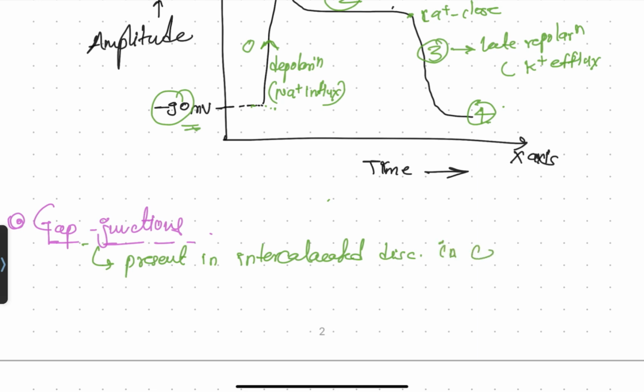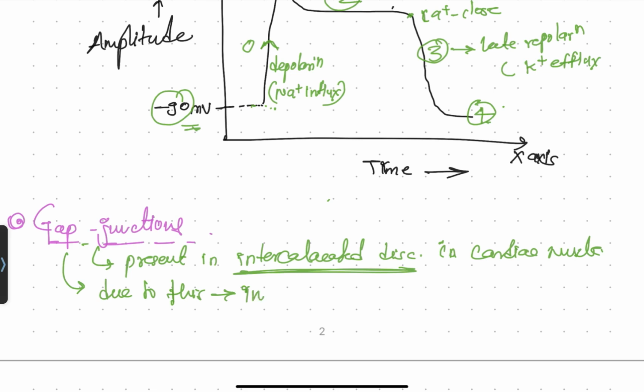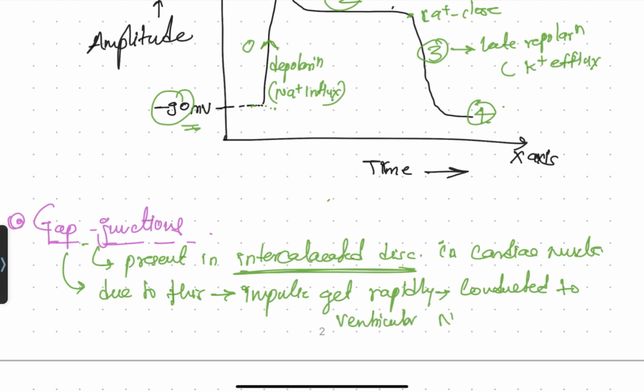So what these gap junctions do is, due to these gap junctions, the impulse gets rapidly conducted to the ventricular myocardium.